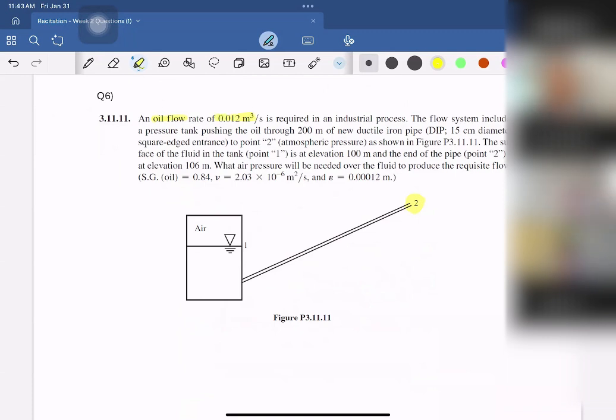We are given the discharge, the flow rate. We have a pressure tank here, and it pushes the oil through this 200 meter pipe with 15 centimeter diameter. And we have the type of the pipe.